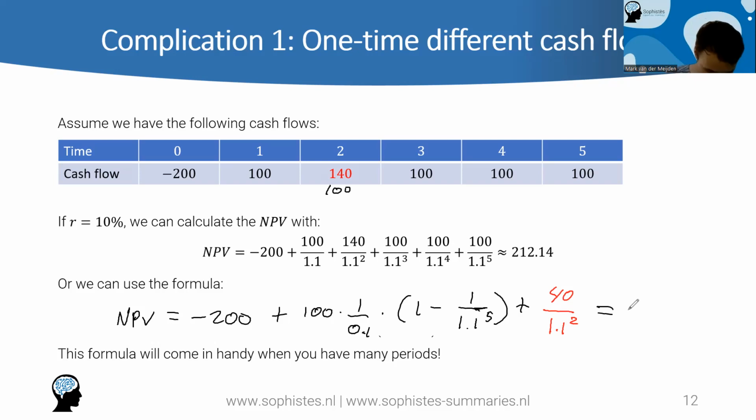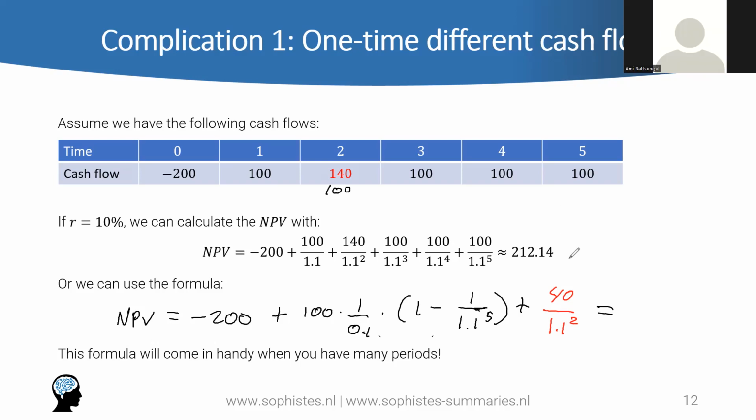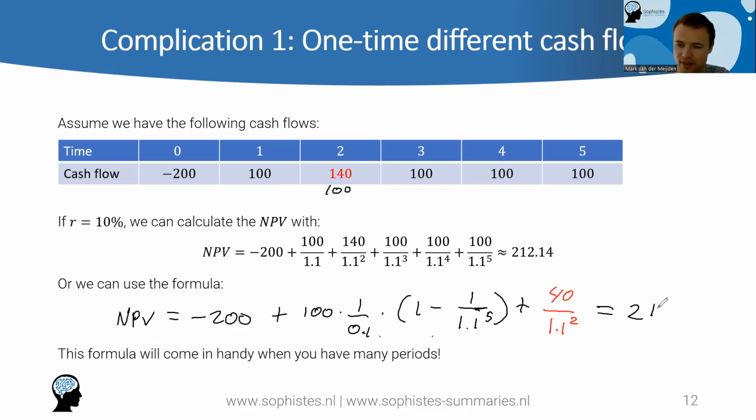And what do you guys get? 212.14. Perfect. That's also what I got. Thank you.